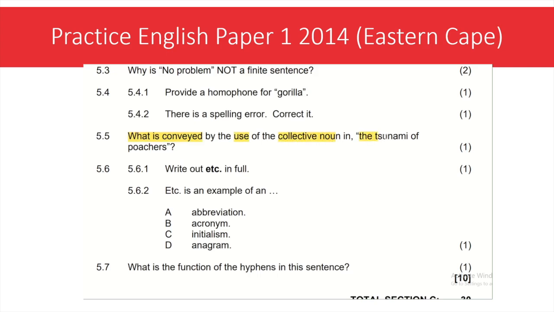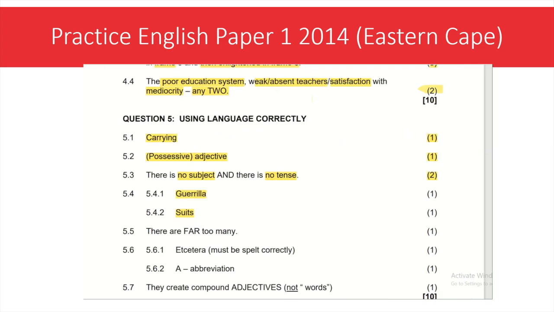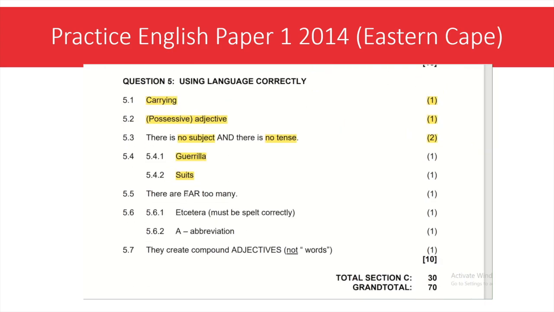We need to understand what a collective noun is, and what the writer is trying to let the reader understand. Let's have a look at our memo. So that there are far too many poachers, that there is an overload, that there is an overflow almost.